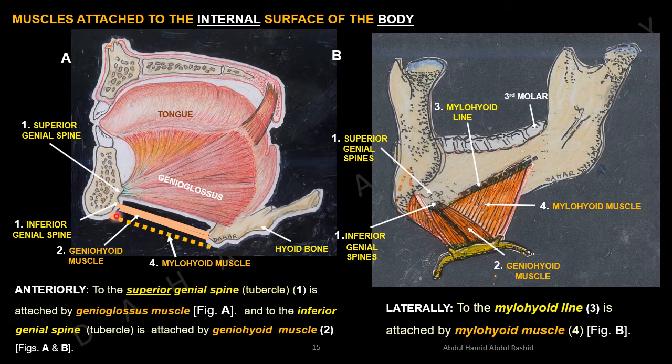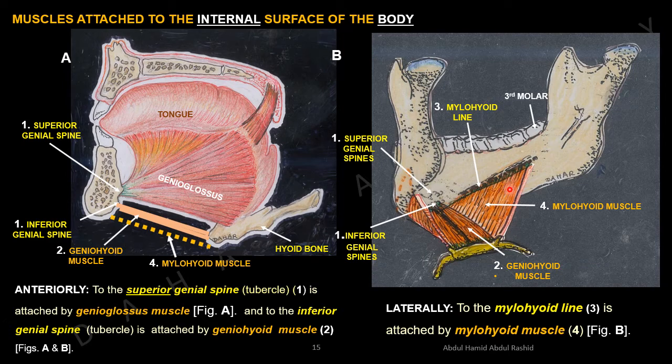So this mylohyoid line starts from this area below the inferior genial spine, and it runs up and posteriorly along the internal surface of the body up to the lower third molar tooth. So what structures attach along the mylohyoid line? Yes, it is attached by the mylohyoid muscle.